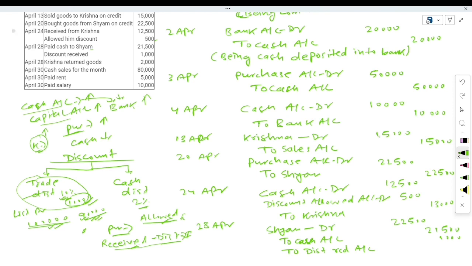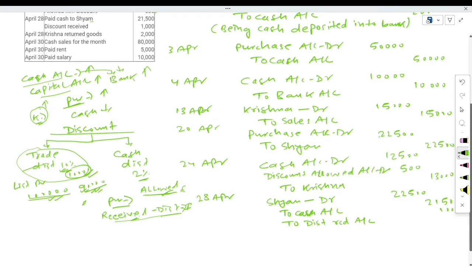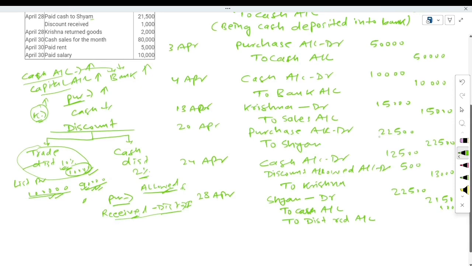On 28th April, Krishna returned goods of rupees 2000. You had sold goods to Krishna. Now he is returning goods. It means in case of sales return, what would be the entry? Sales is your income.